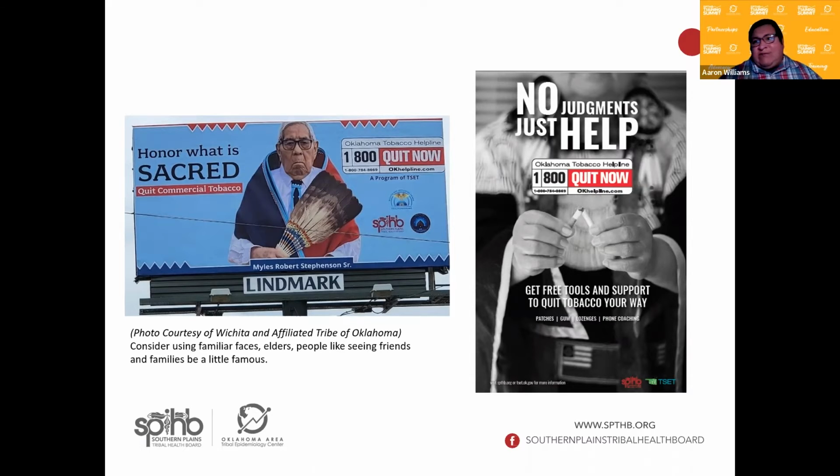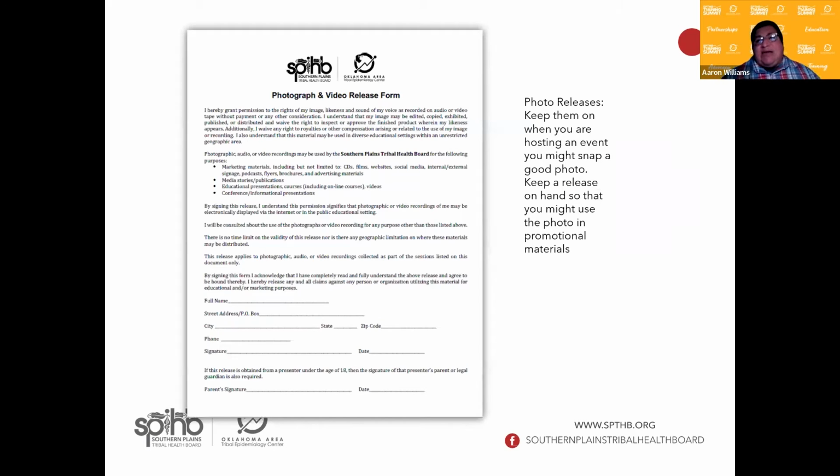So whenever you're out and about and you're looking to take photos of community people or friends and relatives for social media posts, it's always a good idea to find your organization's photo release forms.